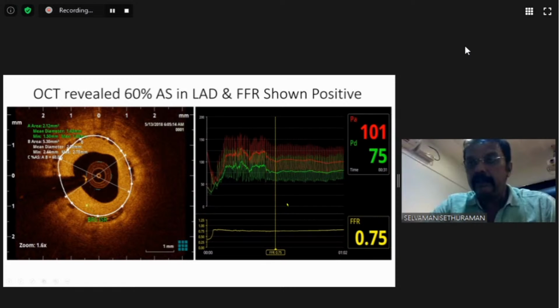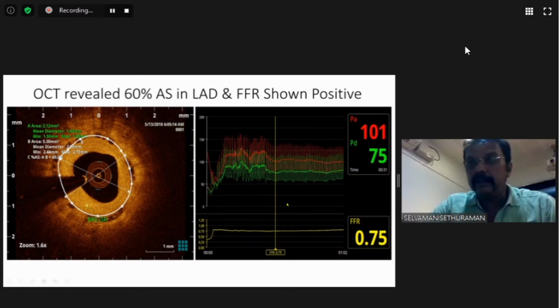We went ahead and stented with a very long stent from end to end, with good expansion and without areas of under expansion. Basically, the main reason for this stent thrombosis was areas of malapposition, areas of under expansion, and of course some areas that were not endothelialized. These were the reasons for stent thrombosis in this patient.